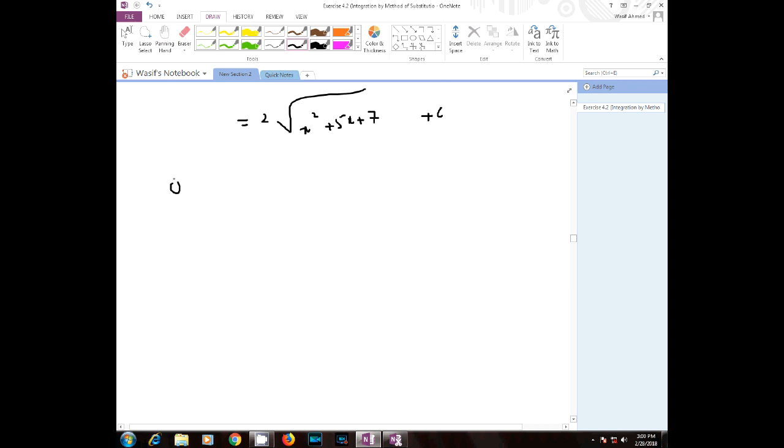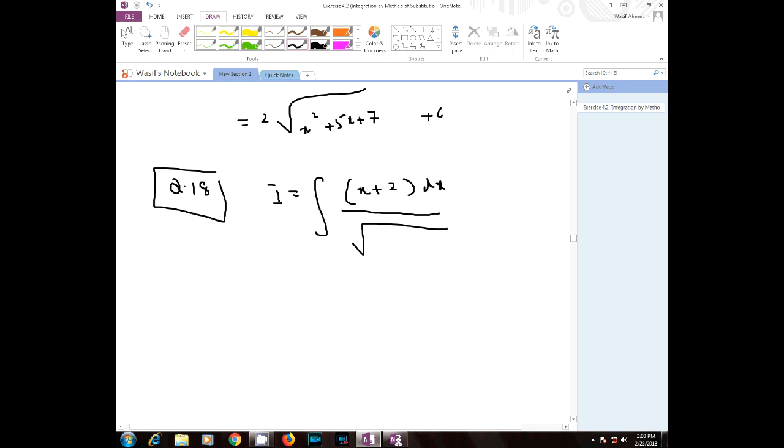Next question is of the same kind. Question number 18. It is x plus 2 dx divided by square root 2x squared plus 8x plus 5.